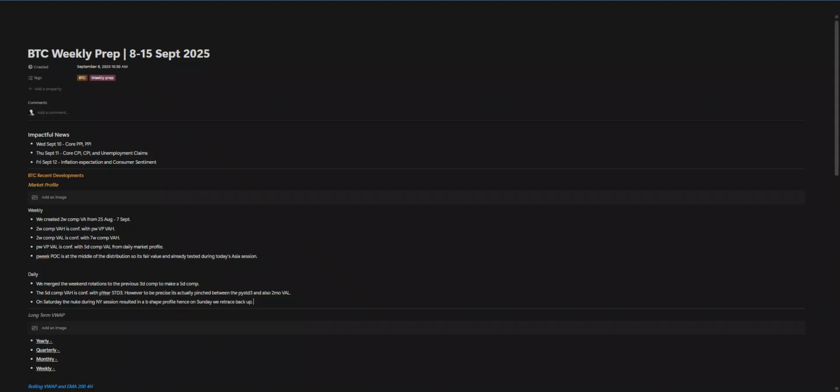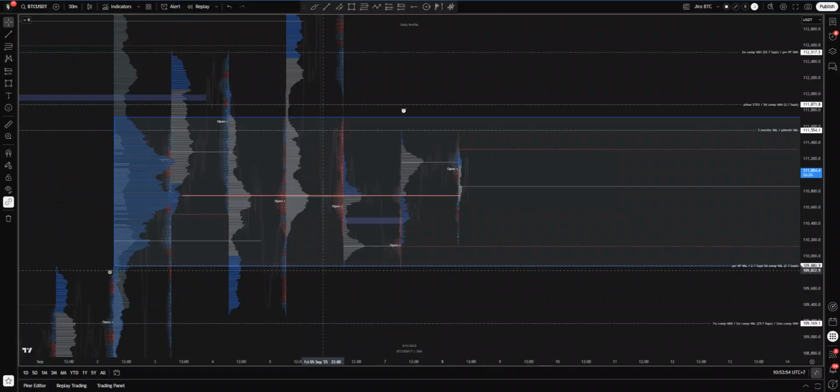Here it trace back up. Okay, so that's all for the daily market profile.